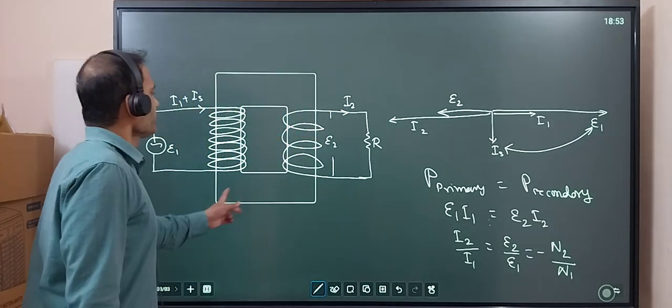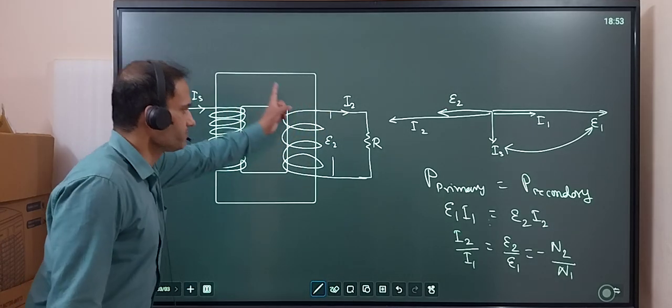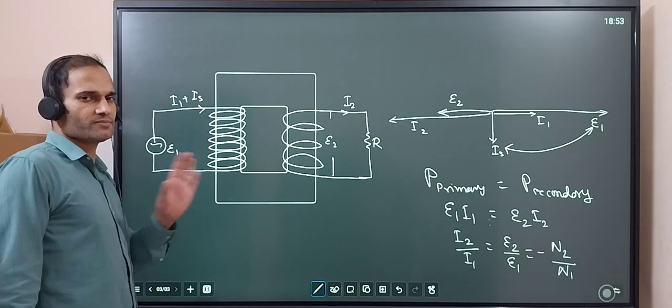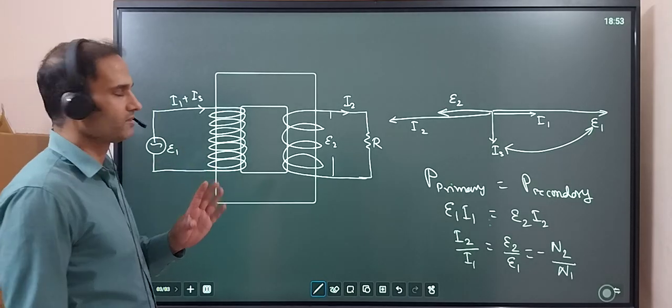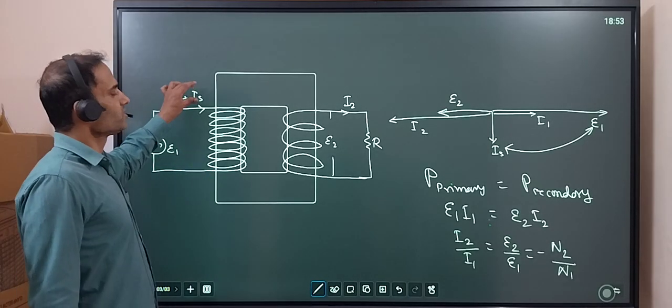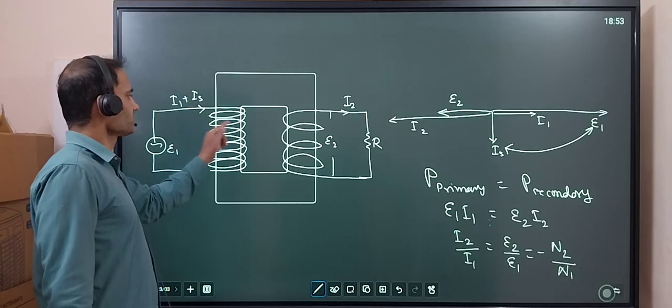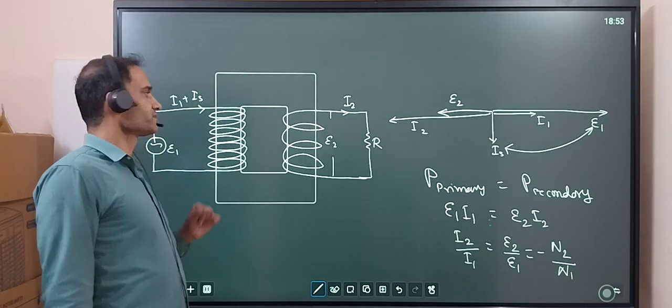The reason behind this magnetic field is one current, Is. S doesn't mean secondary. This is the current in the purely inductive circuit.